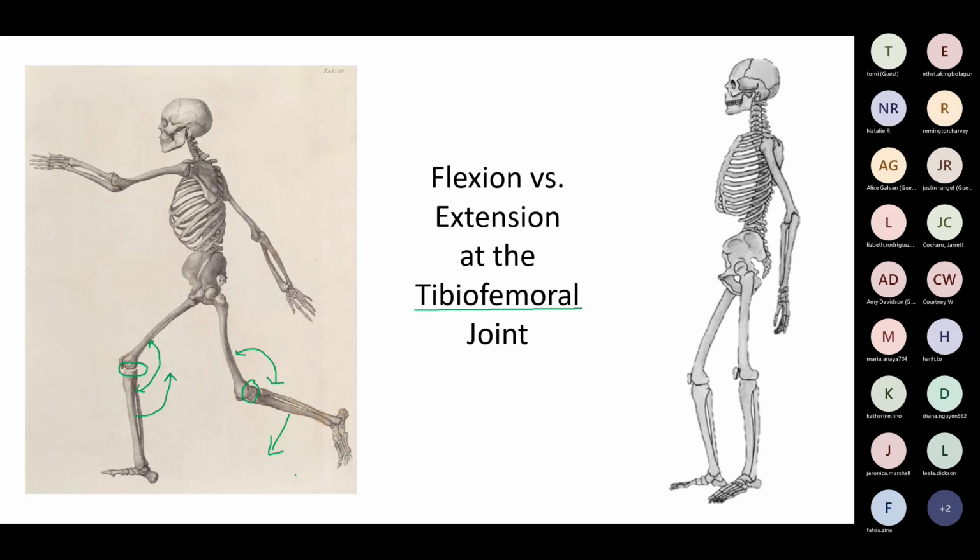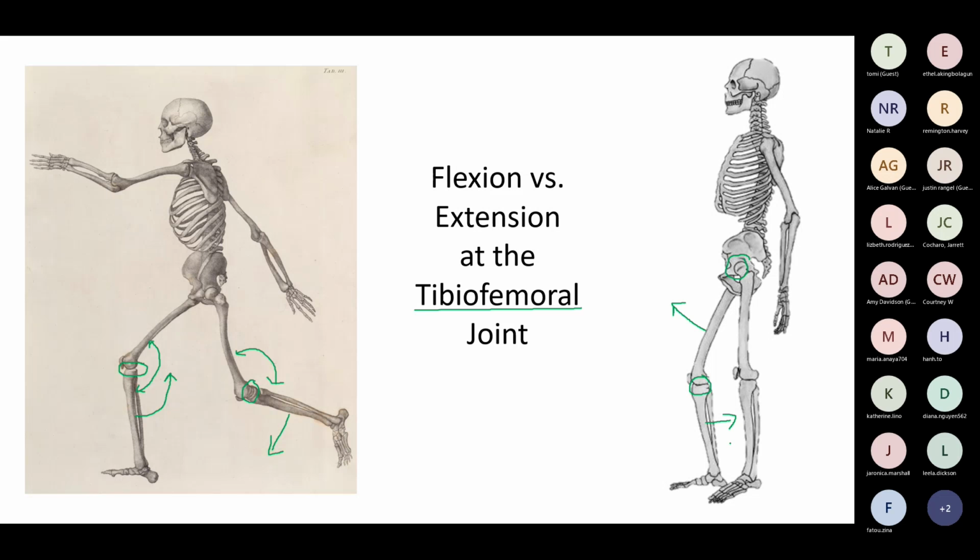We may or may not be catching this. Let me just clarify, to make sure we're on the same page. Earlier, we talked about the hip joint. At the hip joint, when I flexed the femur, that made the femur come forward. Now, at the knee joint, when I flex the tibia, it goes backwards.